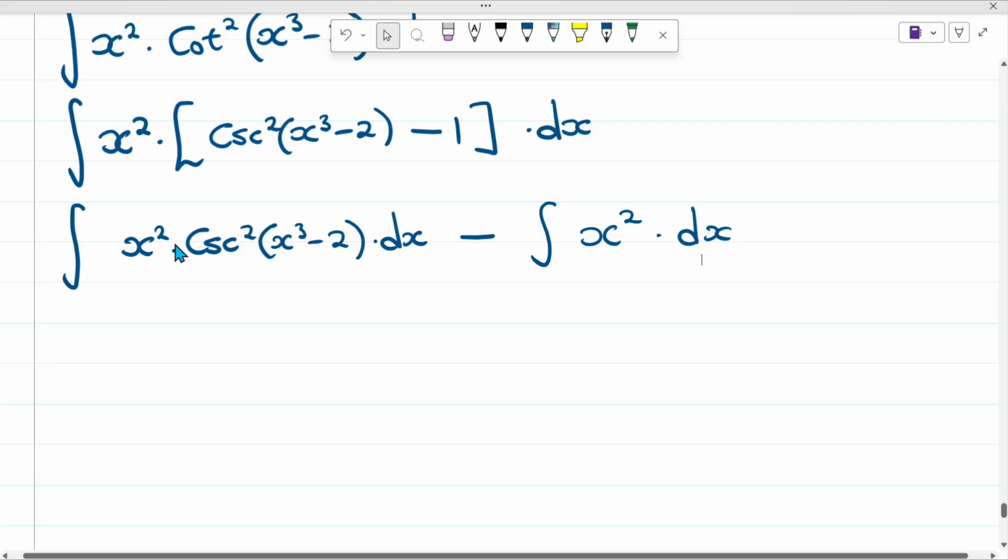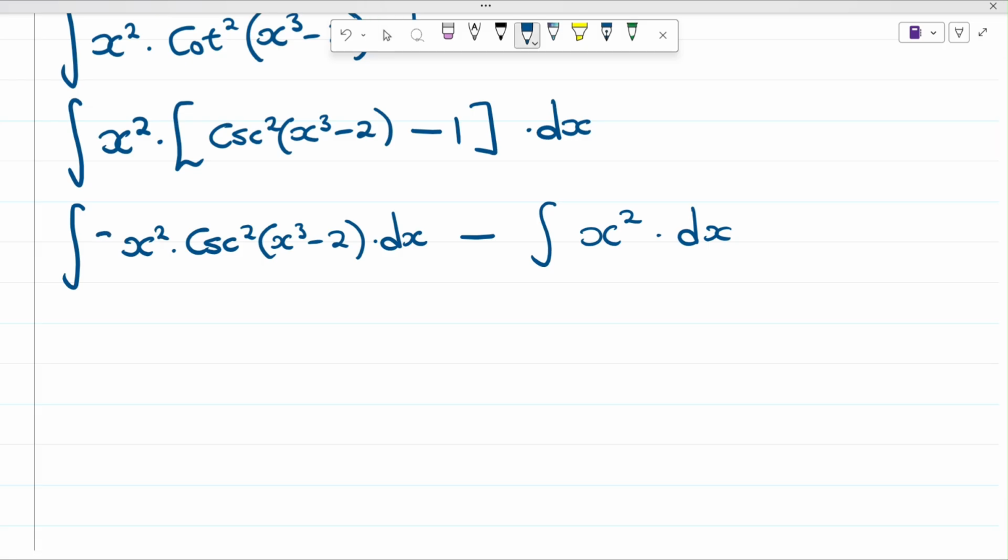But then we need to also make sure before we conclude that we have the derivative of the argument. So the argument for this case is x cubed minus 2, right? So when we differentiate x cubed minus 2, what do we get? We get 3x squared. So here we only have x squared. So we need to make sure that we have a 3.